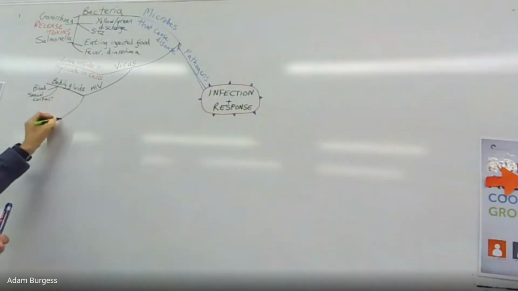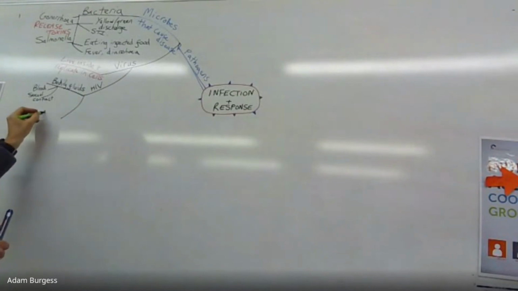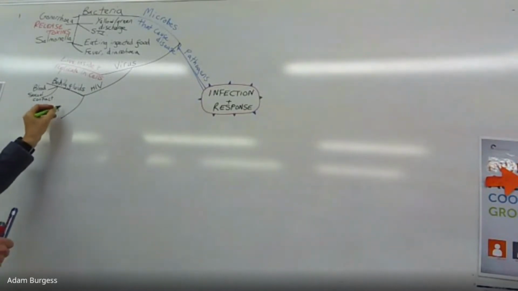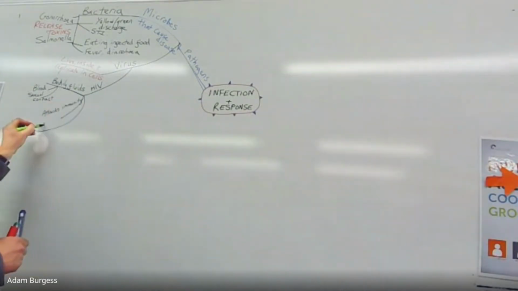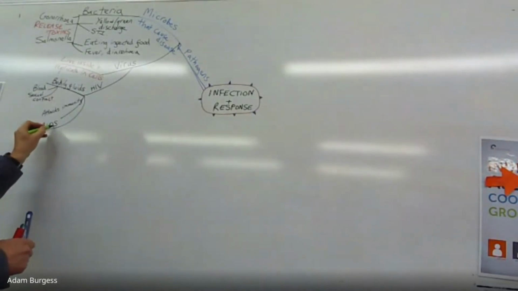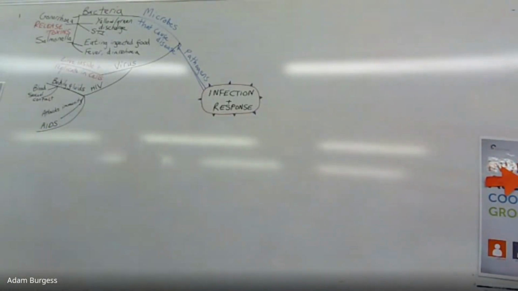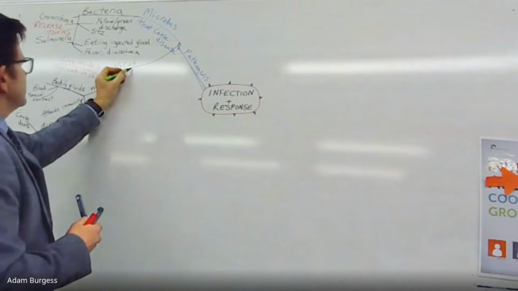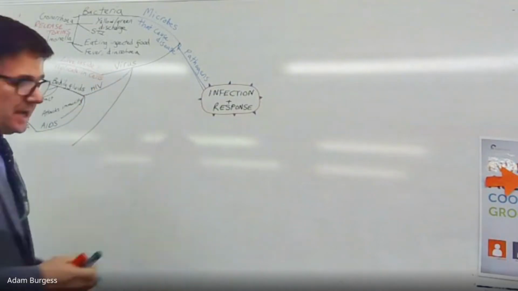The problem with HIV is it attacks the immune system. It can lead to AIDS, which is acquired immunodeficiency syndrome, sorry, it's not a disease. And it can eventually cause death. All of these can cause death.